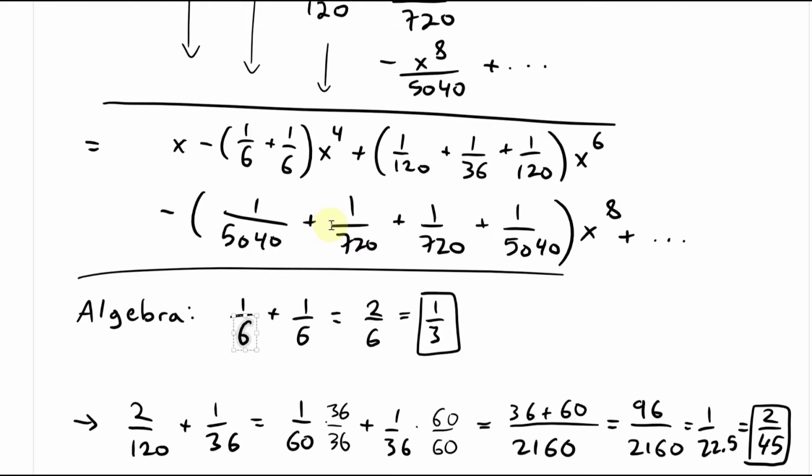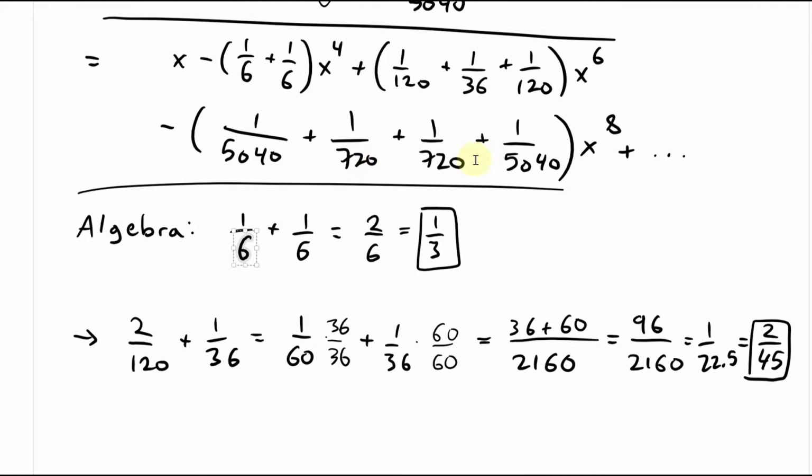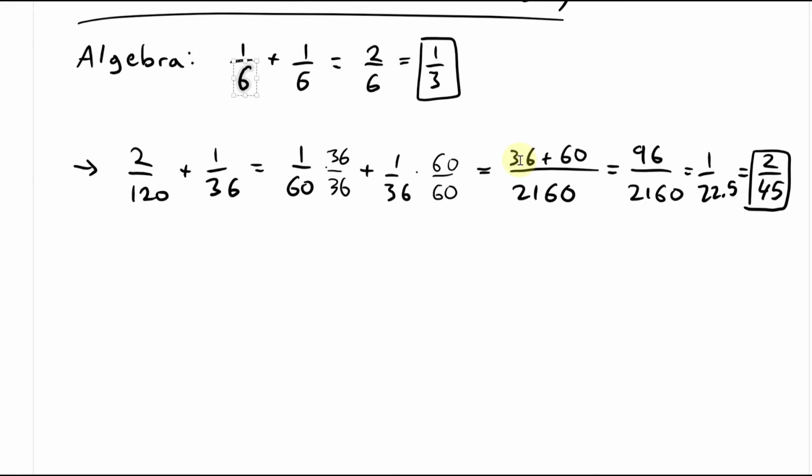So 1 over 540 plus 1 over 720 plus 1 over 720, then is 1 over 540. So that's going to be, well, 2 over 540 plus 2 over 720. And now this simplifies further into, we'll just take out the 2, split them up into half. So this is going to be 1 over 270, and then 520.